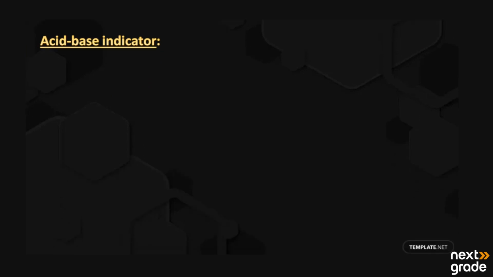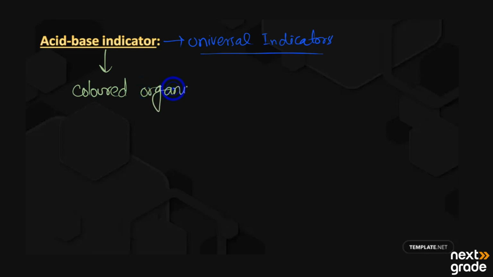Basically, acid base indicators are known as universal indicators. The universal indicators are colored organic compounds.